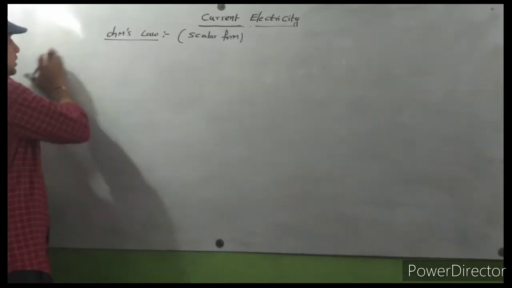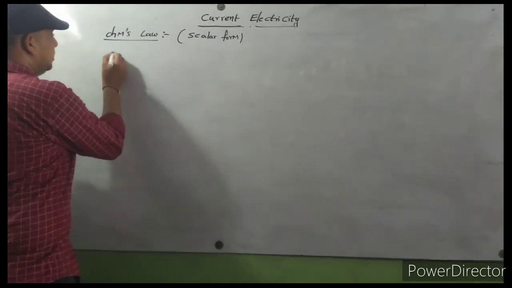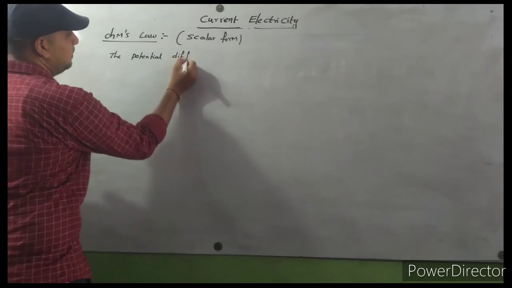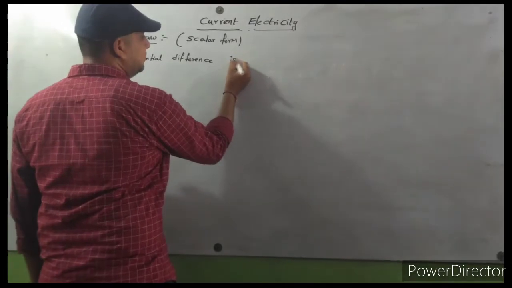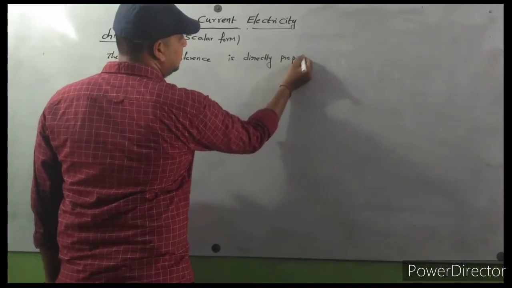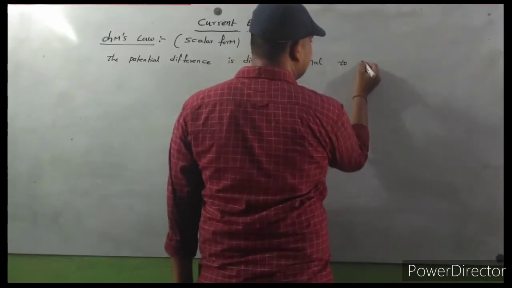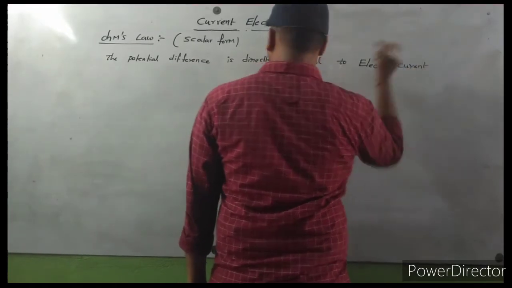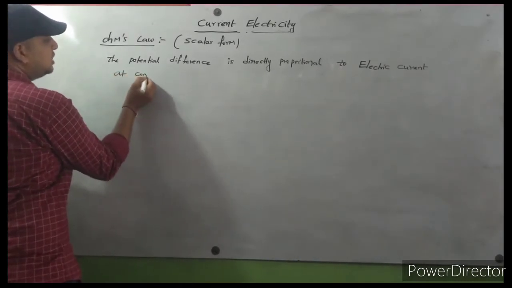So Ohm's law is, first of all, that the potential difference is directly proportional to electric current at constant temperature.